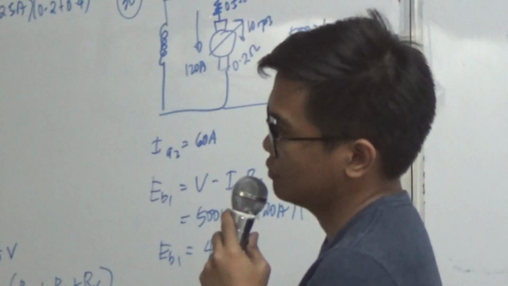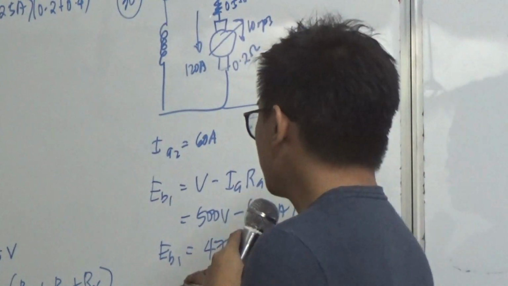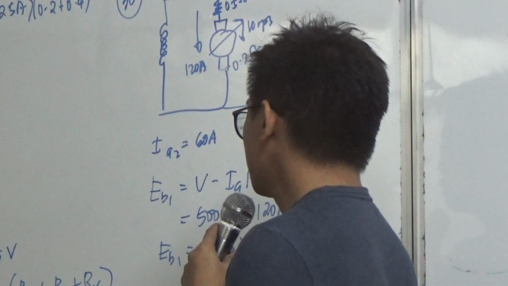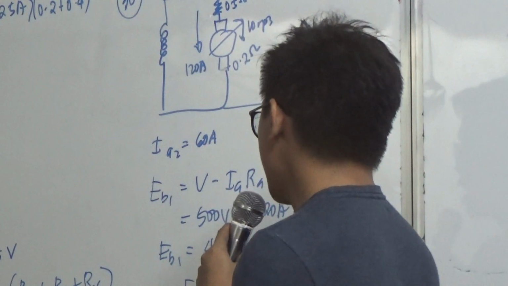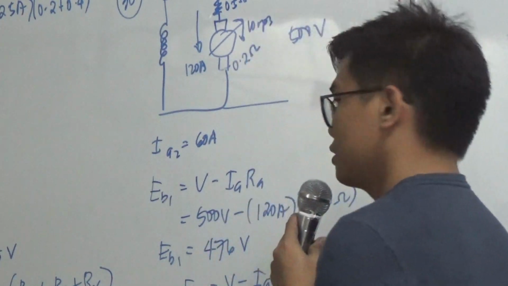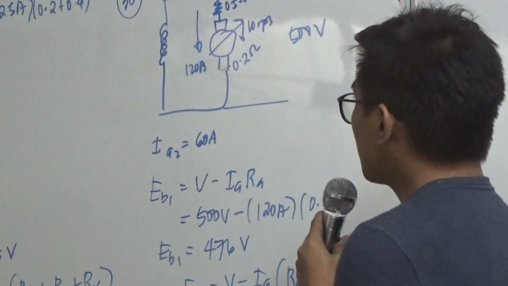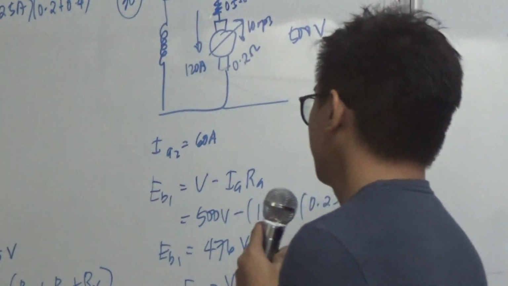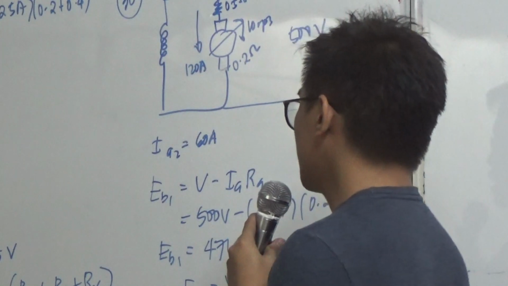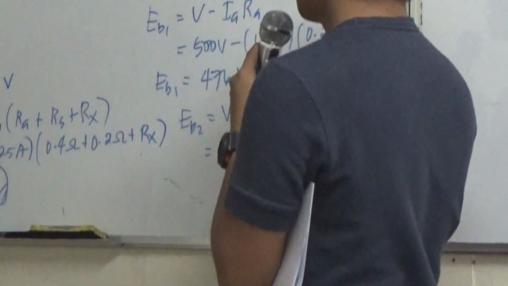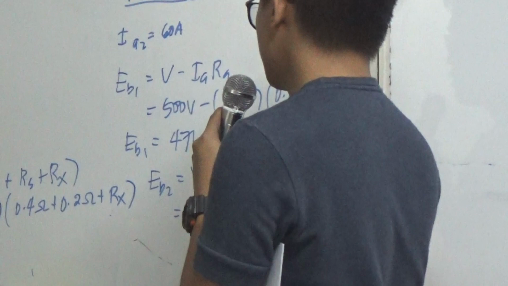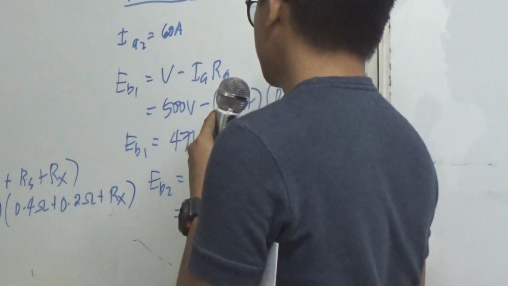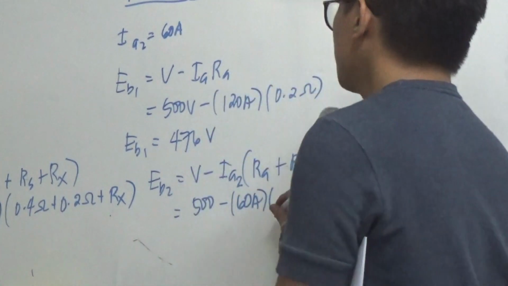For second condition naman, EB2 is equals to V minus IA multiplied by RA, the sum of the armature resistance plus the additional resistance, say Rx. So that will be 500 minus IA2, 60 amps multiplied by RA plus Rx.